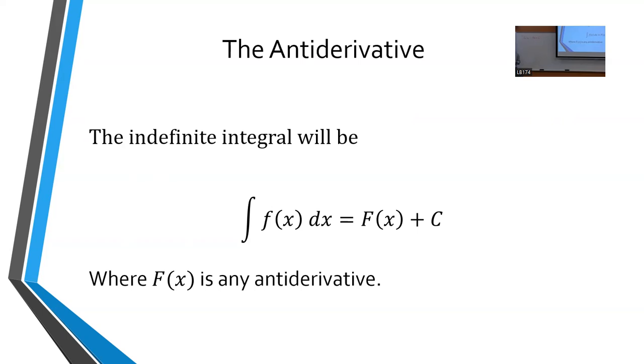All right, so that it gives us all antiderivatives. Usually, the capital F of x that we use, we say, well, let's let the constant be 0, and so plus c at the end.